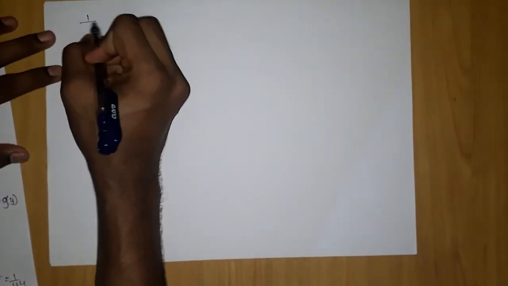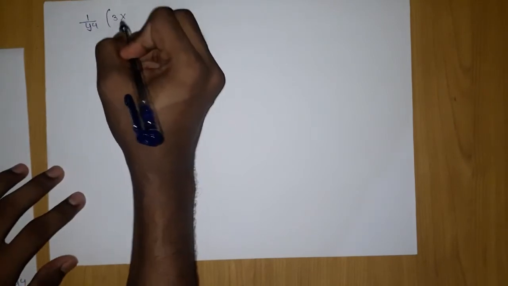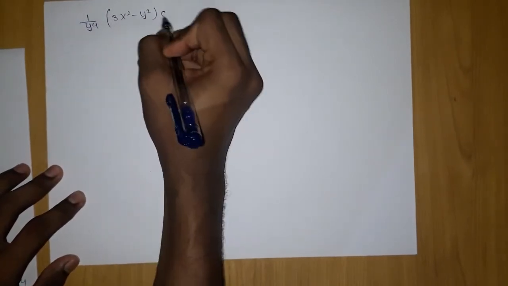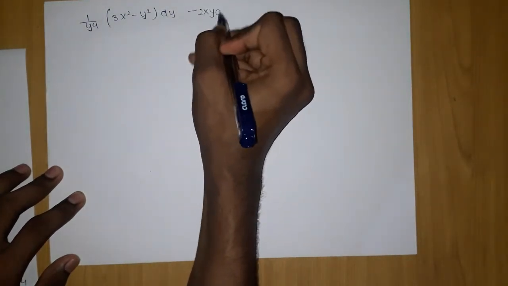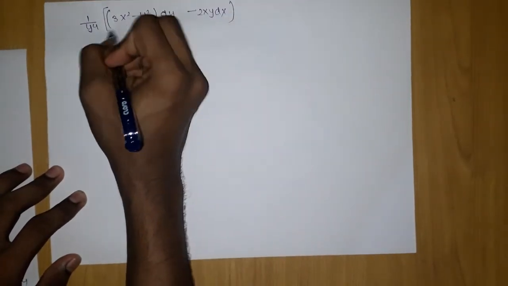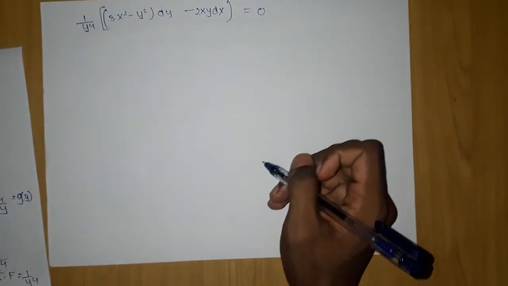So if we multiply, what are we going to get? If you multiply 1 by y to the power 4 with the given differential equation, which was (3x² − y²) dy minus 2xy dx equals 0, what you are going to get?